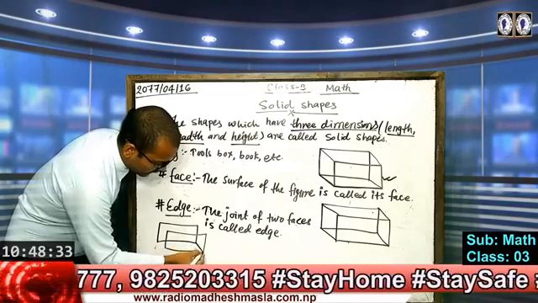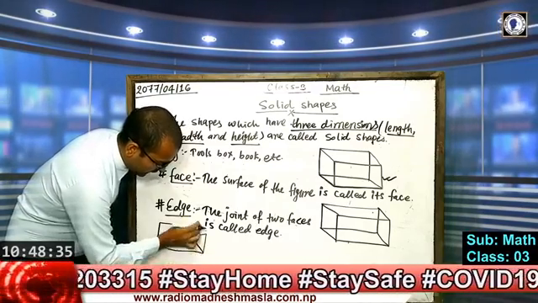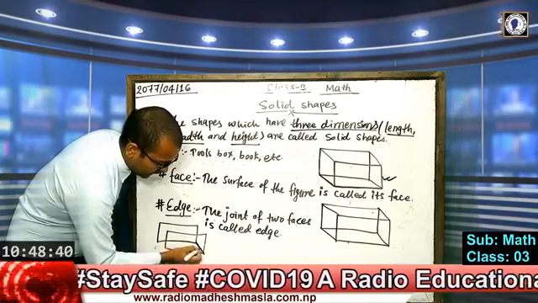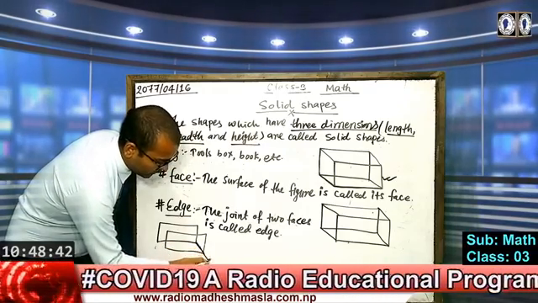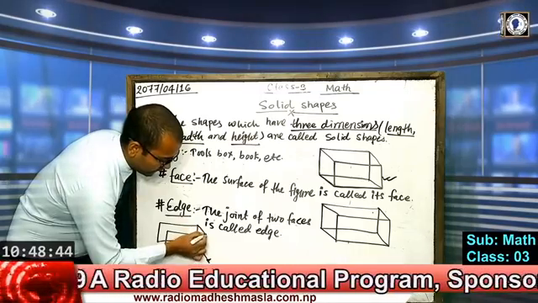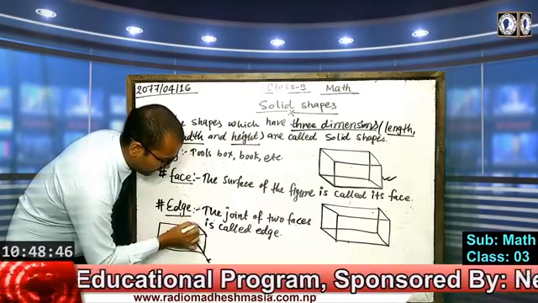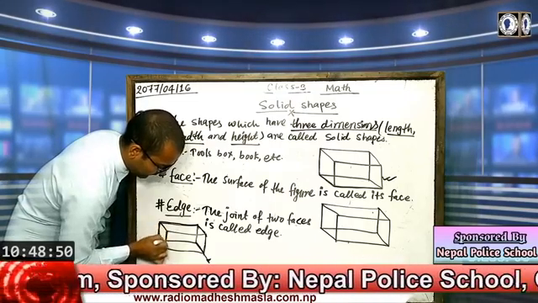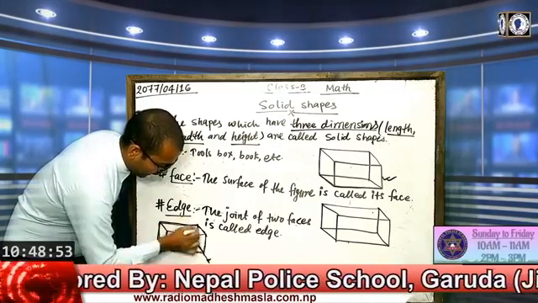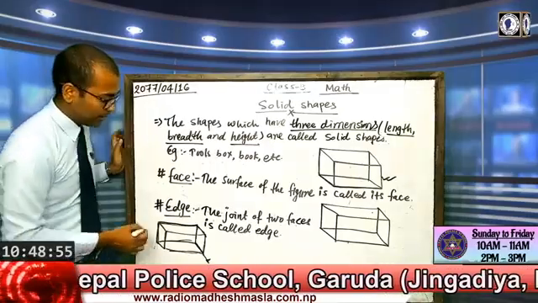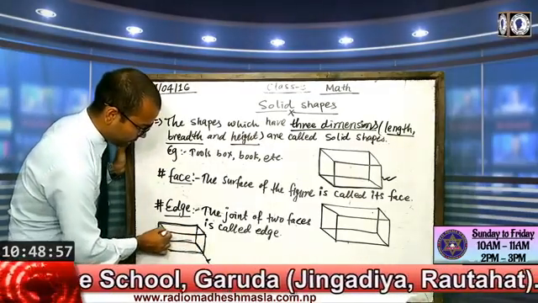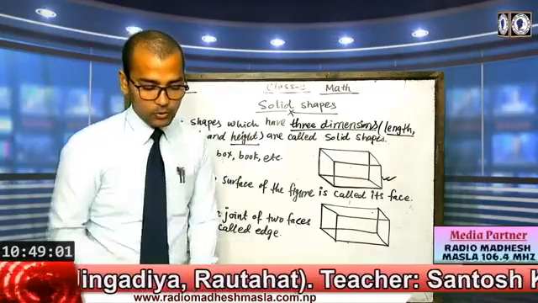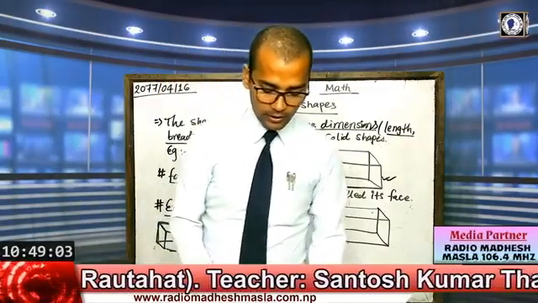Suppose this part and this part join here. This is the first one, this is second, third, fourth, fifth, sixth, 7th, 8th, 9th, 10th, 11th, 12th. In this way, how many edges do we have in a cuboid? Yes, 12.